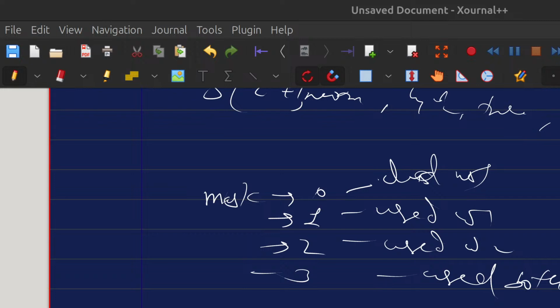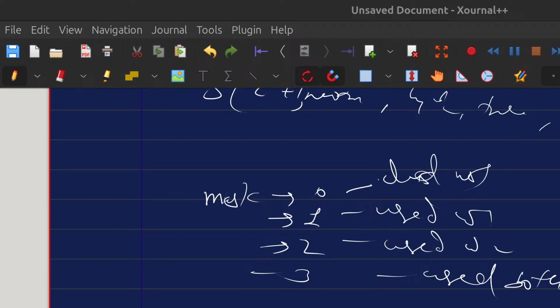If mask is 3 then it will return 1, else it will return 0. So this is the base condition for this.